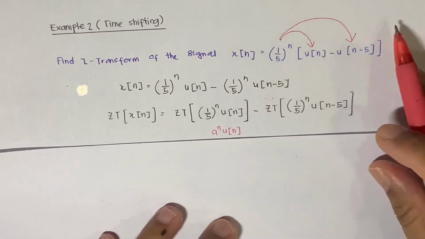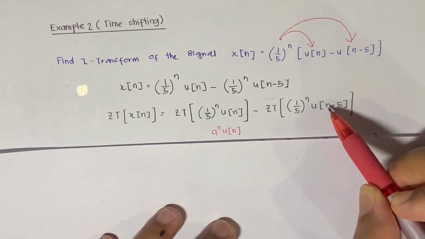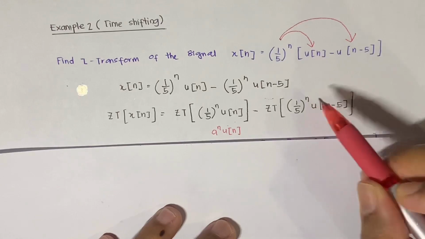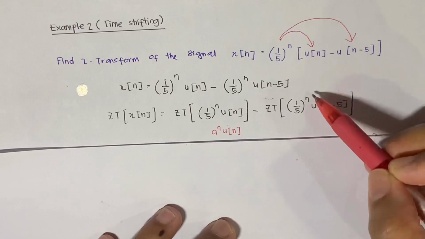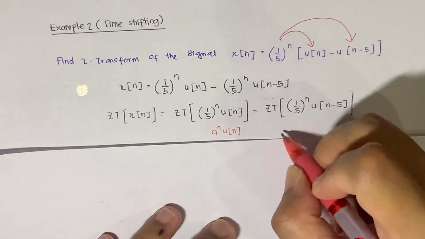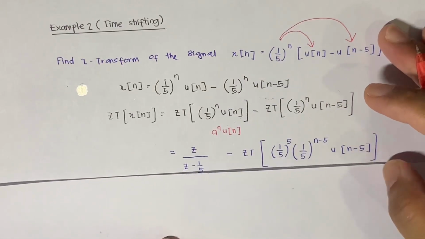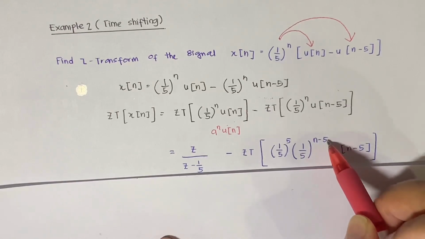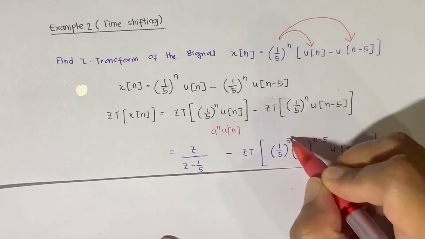So that's why I want to make it the same: n minus 5, this one should be n minus 5. Now how do we make it the same? In order to get n minus 5, I need to add on this term.